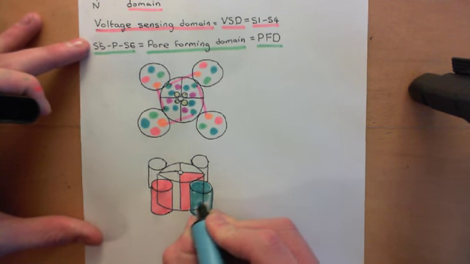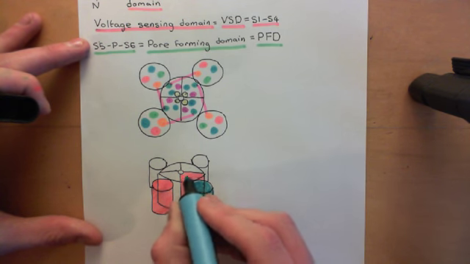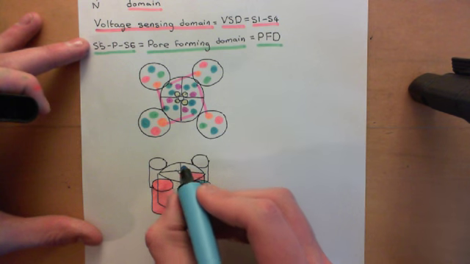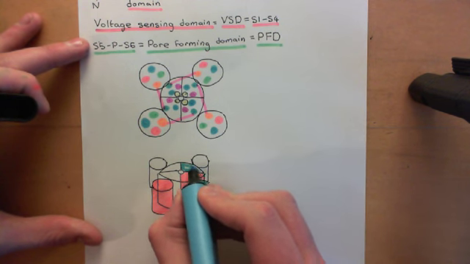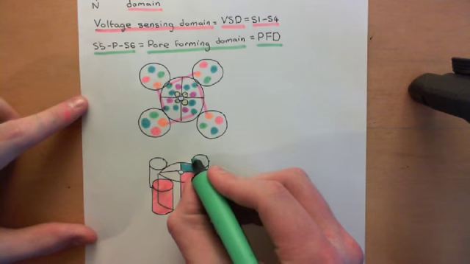So here is another voltage sensing domain of a different alpha subunit, so not this alpha subunit in red here, and its pore-forming domain is this one right at the back here, which we'll also colour in blue. And we'll have the next one in green here.